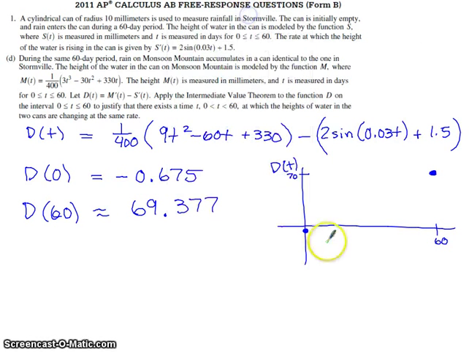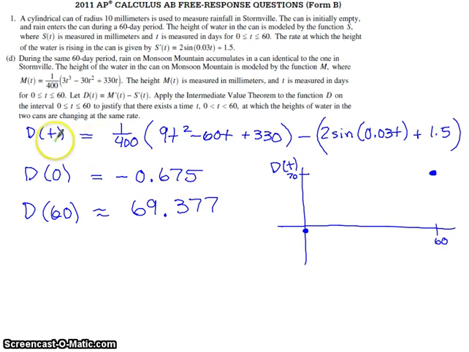If we plot those points on a graph of D(t), 0, negative 6.75 is going to be here, and then 60, 69.377 is going to be up here. Now, as long as our function is continuous as we go from this point to this point, there's absolutely no way we can get from this point to this point unless we cross 0 at least one time in between.